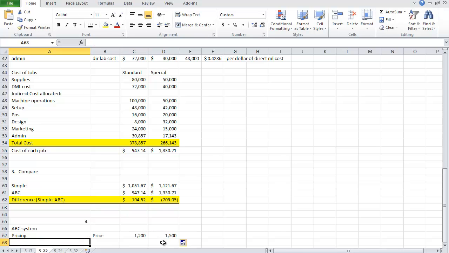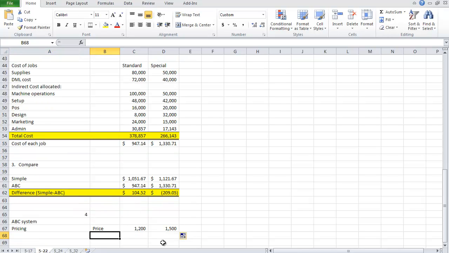Okay. Now, if they look at this on a simple basis, using the simple structure, the cost for each job would end up being this and this.